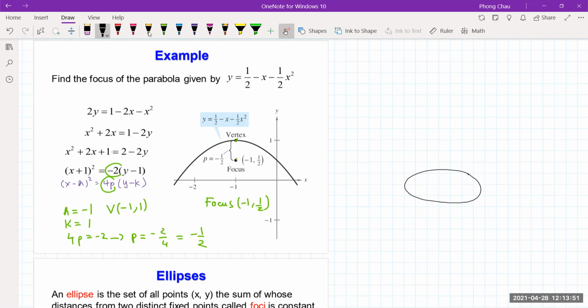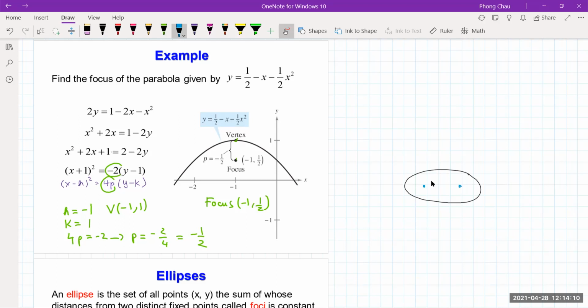Think of it as, instead of a circle having one fixed point called the center, the ellipse actually has two fixed points, one over here and one over there.